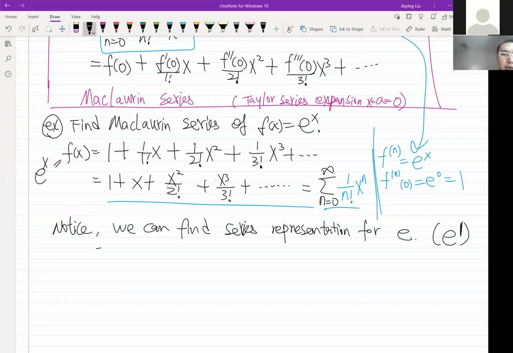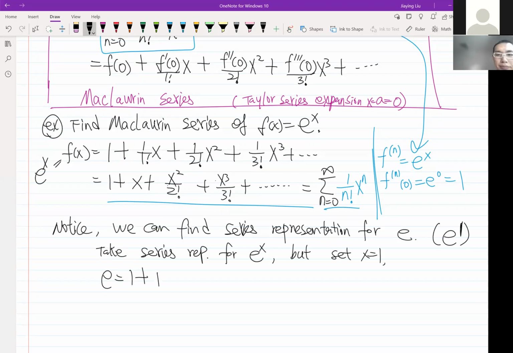So to do that, we can take the series representation for e to the x, but set x equals 1. That will just give us e. So that will just be e equals 1 plus the x will become 1 plus 1 squared over 2 factorial plus 1 over 3 factorial plus 1 over 4 factorial and so on.